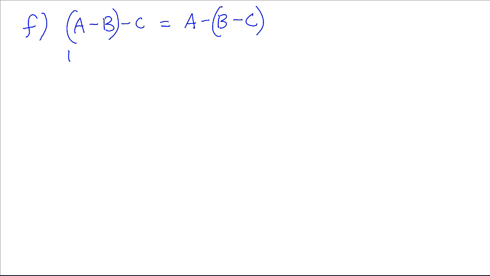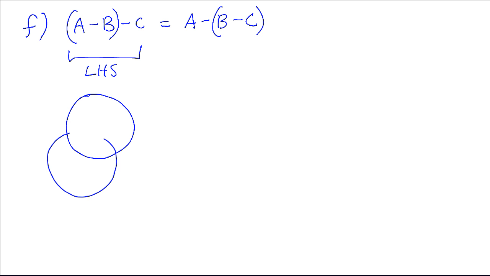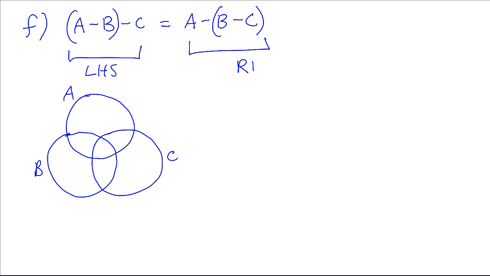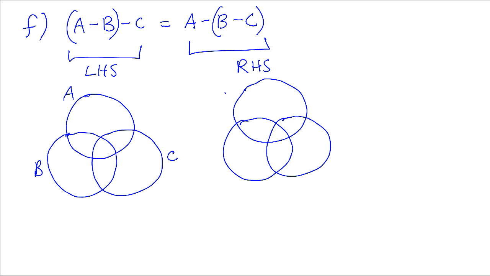For the left hand side, I'm going to go ahead with the full drum kit like this: A, B, and C. And on the right hand side, I'm also going to go with what I call the full drum kit, the most general situation of 3 sets, where we have 8 different regions. And A minus B, I will color red.